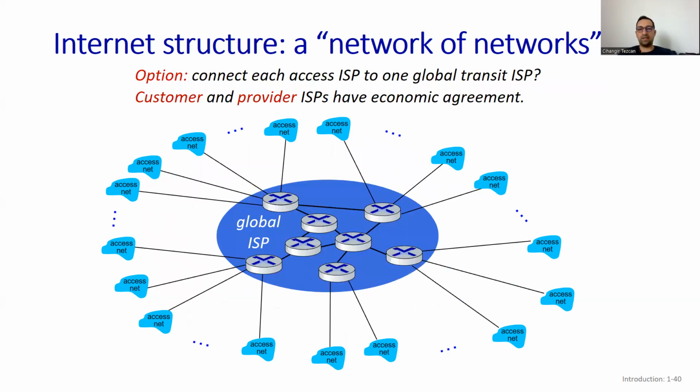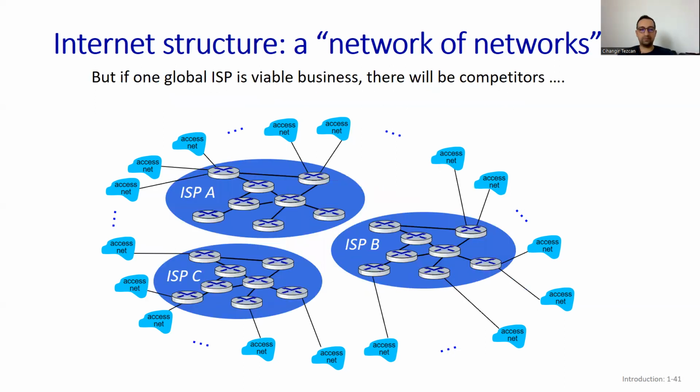One solution is having one global internet service provider connecting all of these ISPs. This is actually what we might desire, but it doesn't work, because we cannot trust a single authority to provide internet to the whole world. If something goes wrong, this causes a single point of failure.